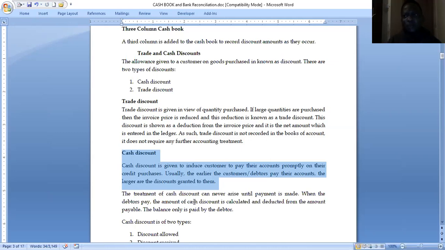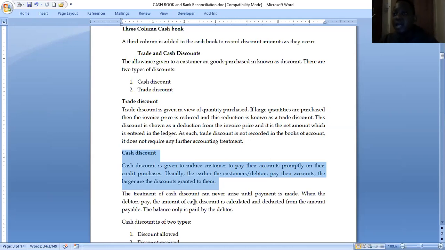So please note this. Trade discount doesn't require any accounting treatment. It arises at the time of transaction or purchase or sale, whereas cash discount arises at a future time after the sale or purchase transaction. And as such, a cash discount has to be recorded in the books of accounts to explain the difference.